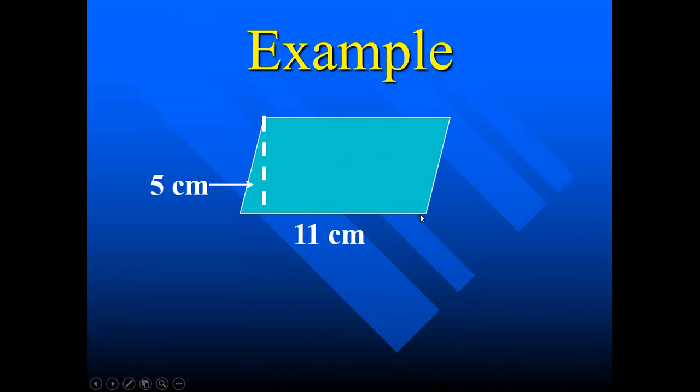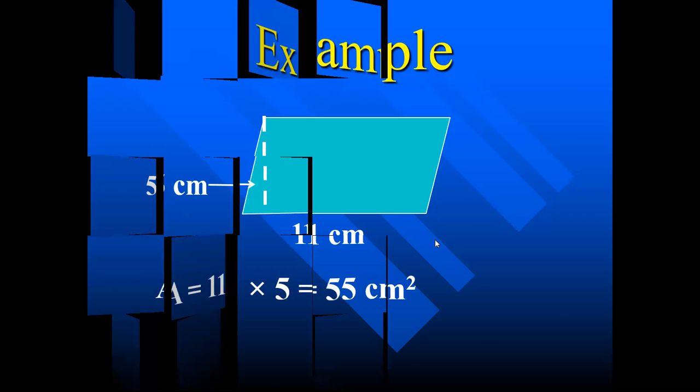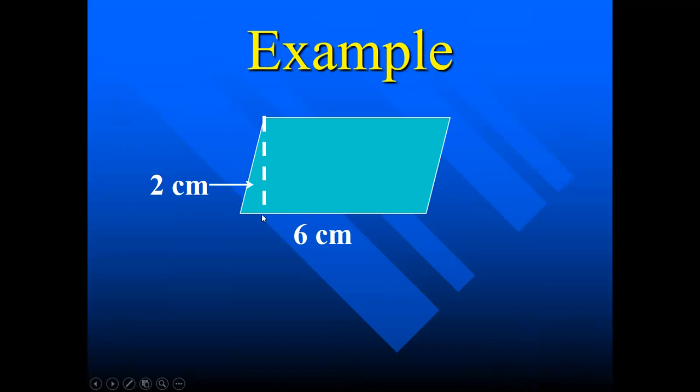To find the area, multiply base by height. 11 multiplied by 5 equals 55 square centimeters. In this parallelogram, the length of the base is 6 and the length of its height is 2. Area of parallelogram, base multiplied height, 6 multiplied by 2 equals 12 square centimeters.